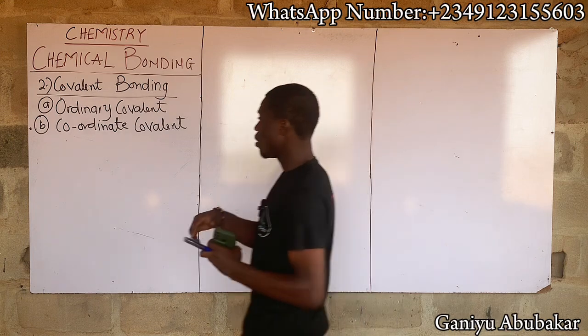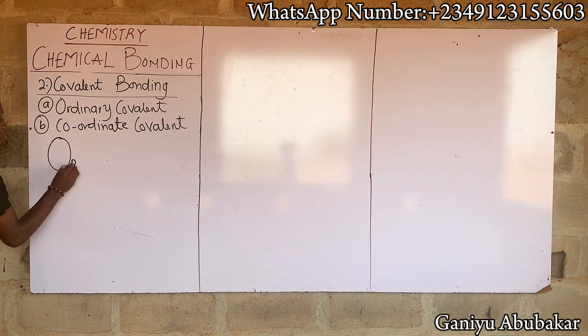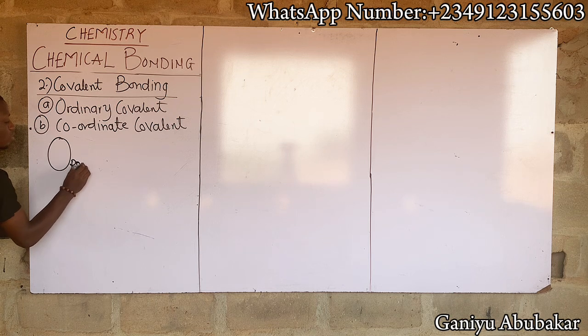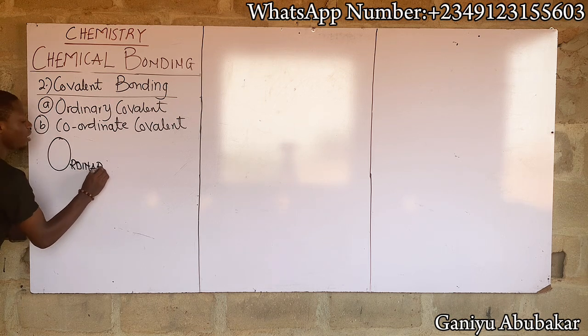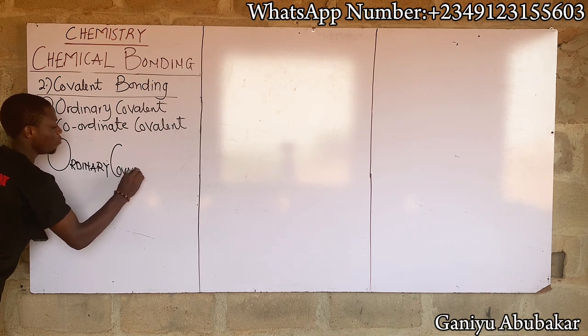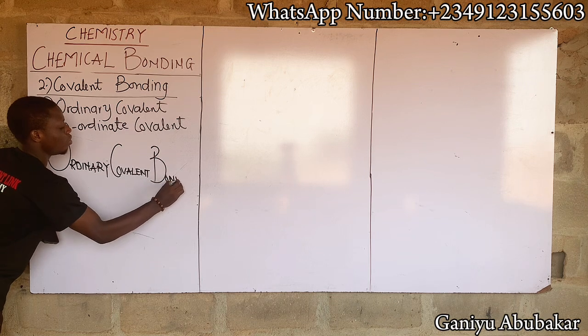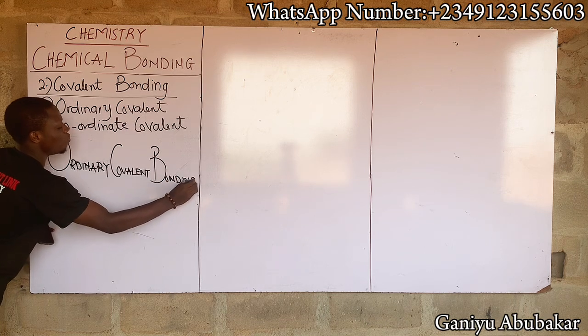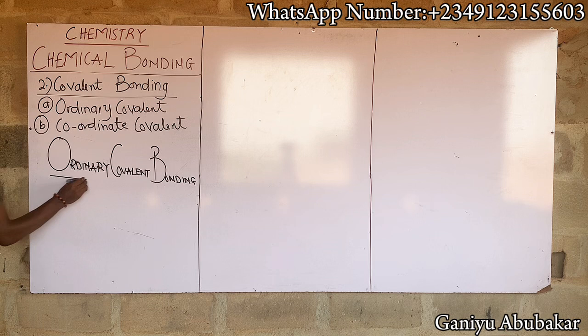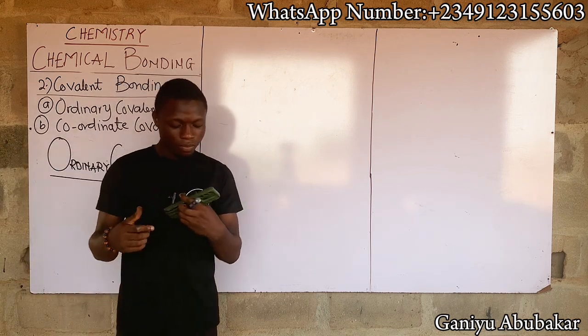Let's start with the first one, called the ordinary covalent bonding.